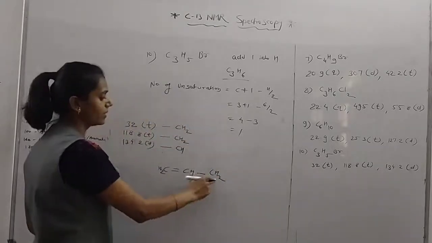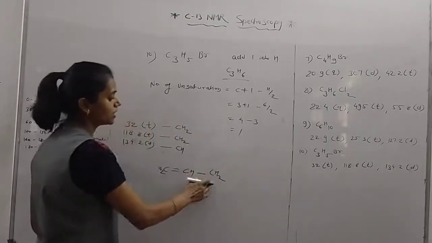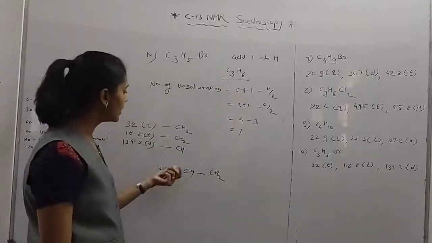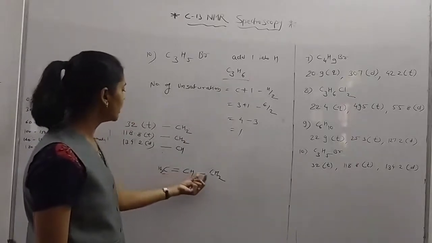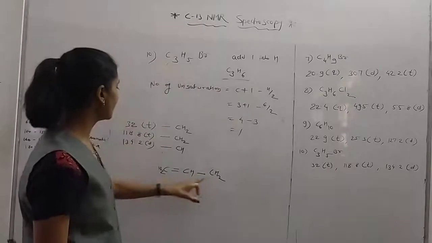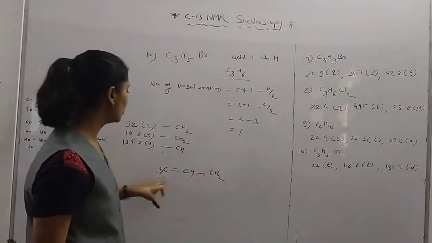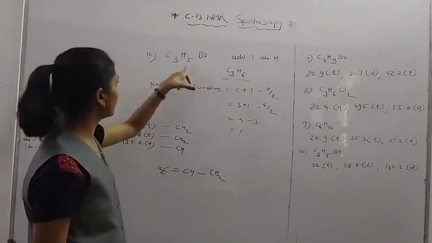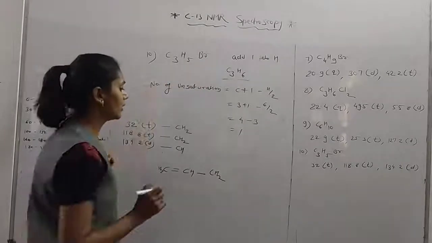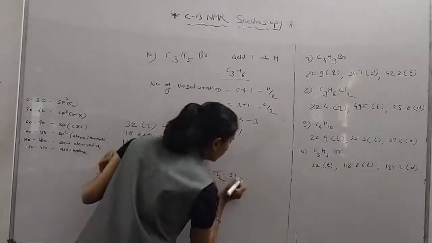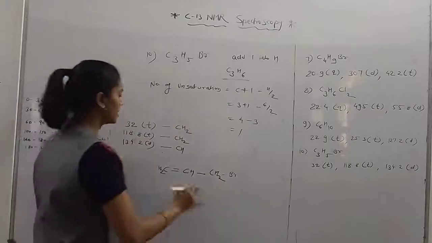Since there is one valence remaining, CH2, and then count whether the carbon is completed. C3, hydrogen 2, 2, 1, 5, completed. What is remained? There is Br. Okay, it's a correct structure.